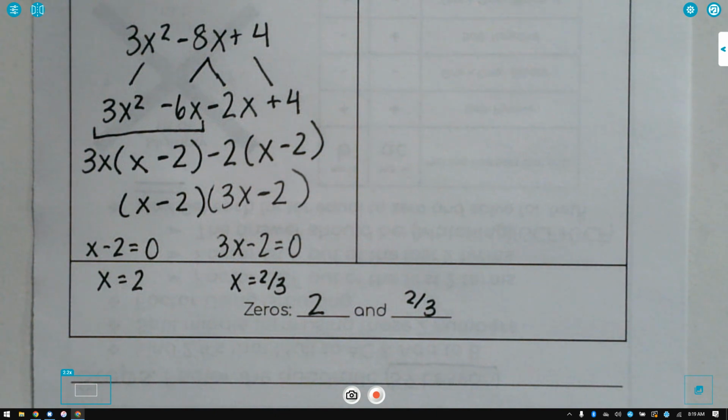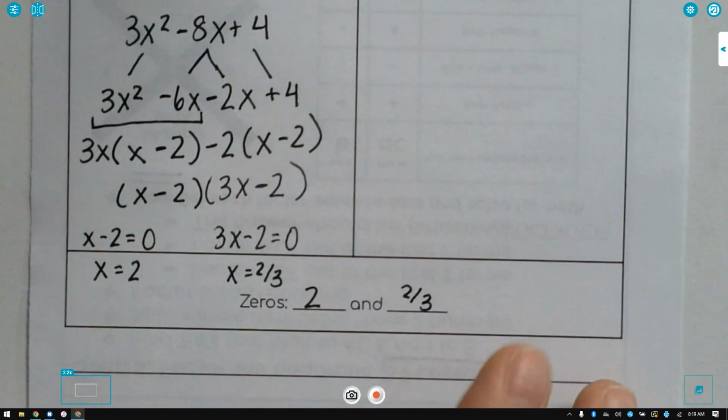If 5.9 went straight over your head, and then these two examples went straight over your head, we would love for you to come in and get the help that you need to be able to understand factoring in this method. But we do have another option you can use to get by in Algebra 1. This, what we just did, is something that you will need to know how to do in Algebra 2. In Algebra 1, we have a workaround that we're going to let you guys use.